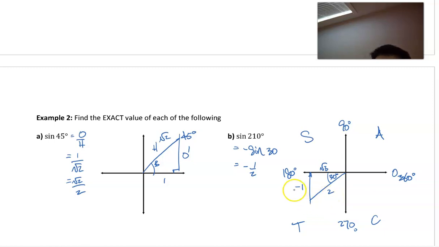Right. So instead, what we do is we just build the related angle, and from here we just write it as, look, I already know it's going to be negative because only tan is positive in this quadrant. So that's why I wrote negative sine 30 with my reference angle there. Okay, and that actually works out to be 1/2.